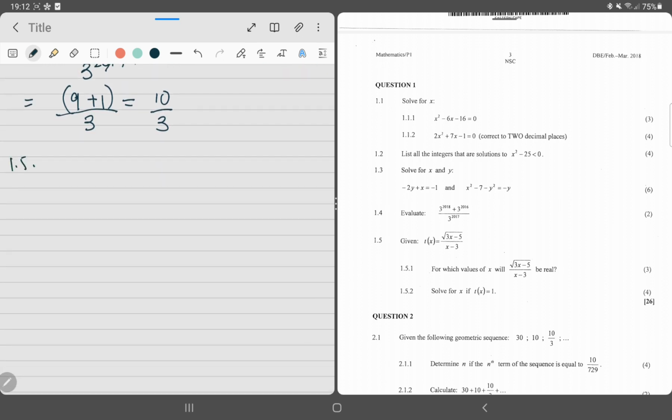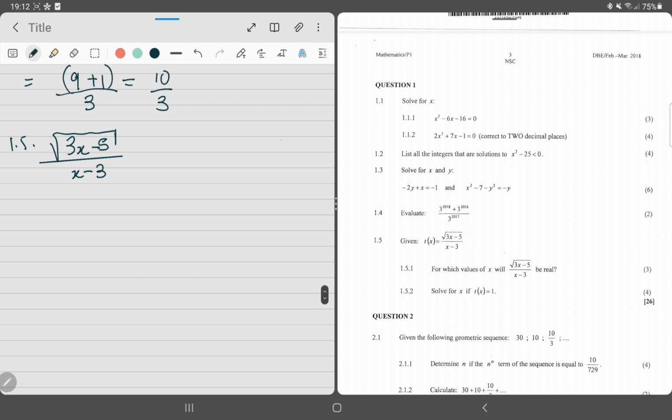1.5. So we are given: for which values of x will this be real, so this is the square root of (3x minus 5) all over (x minus 3). Whenever you have a square root of a negative answer, this is unreal.